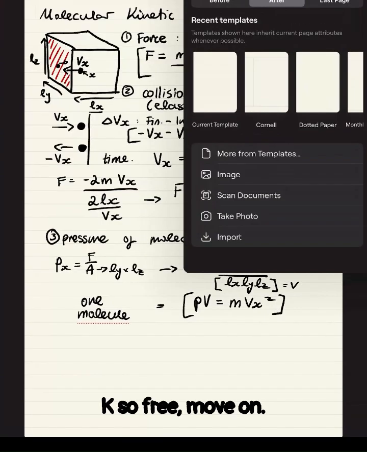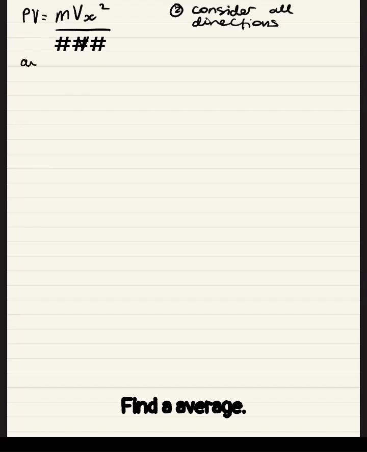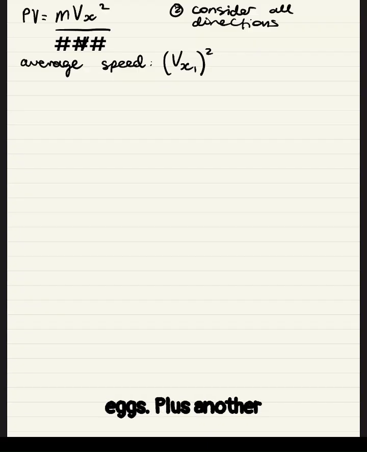Okay, so if we move on, we have our equation. Now we have to consider all directions. To find an average speed, we take, let's say, one particle going in x plus another particle going in the x direction.